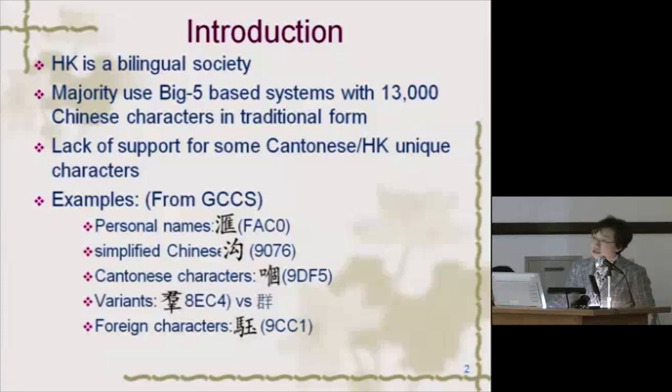This particular case is supposed to be a Japanese horse name, because Hong Kong has this horse racing tradition. So they have horses coming from different places. The Japanese horses have Han characters. And I noticed that this character was not standardized in Japan either, so I'm not sure how they supported it.